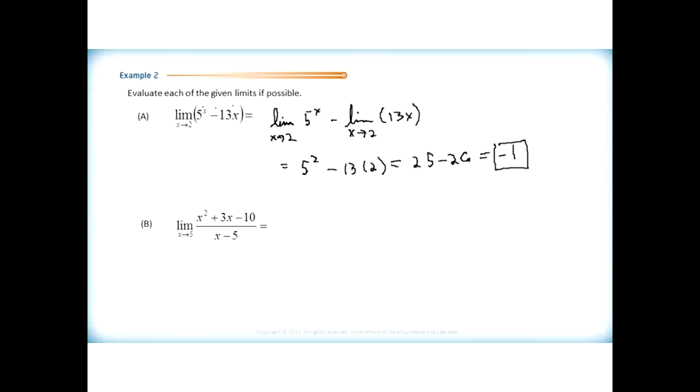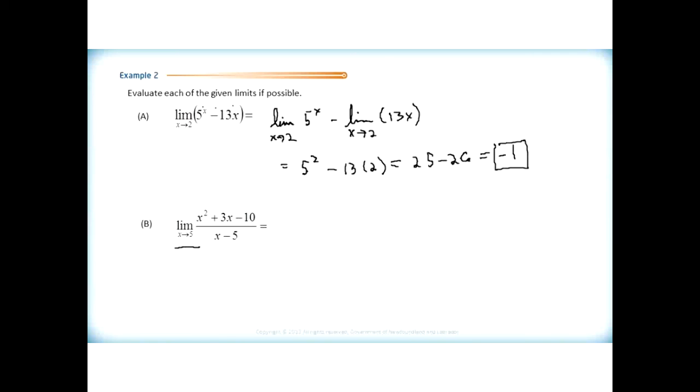For the next one, we have a rational function, and it says, what's the limit as x approaches 5 of this expression? Now, we have to be a little bit careful with this one. This is not as straightforward as the others. For right now, the only real technique we have for evaluating limits algebraically is just to fill in the value and see what happens.